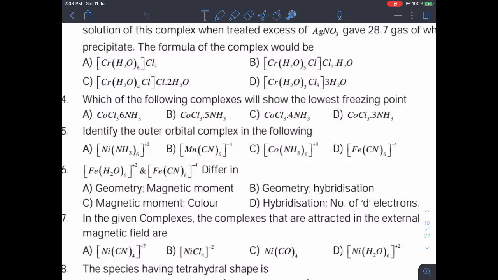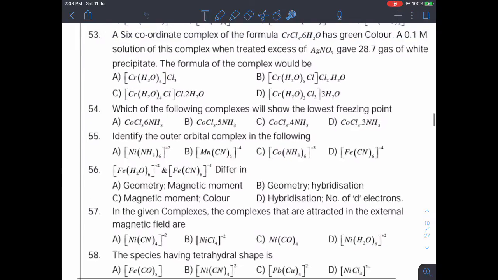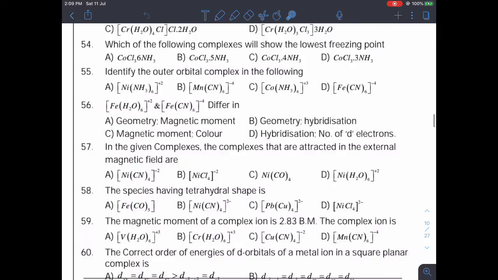So moving to the next question, identify the outer orbital complex in the following. So what is outer orbital complex?